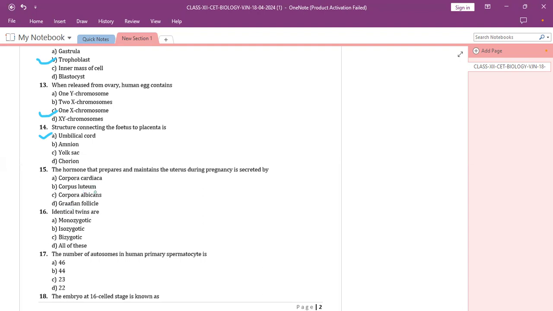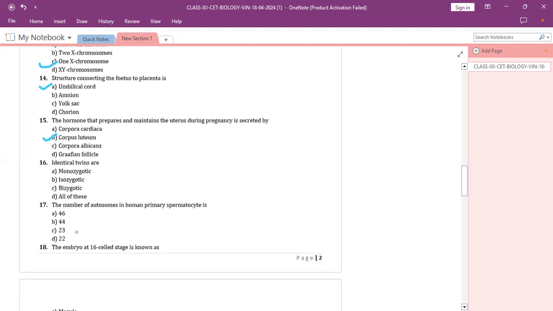Now, what is the corpus luteum? It is produced when the level of progesterone is high, and it is responsible for maintaining pregnancy in the uterus. Corpus albicans is what remains when the corpus luteum degenerates, and the Graafian follicle is a matured follicle. So the right option is corpus luteum, option B.